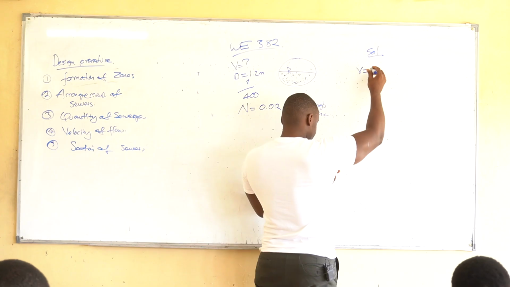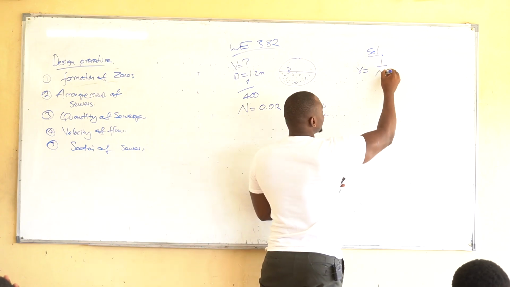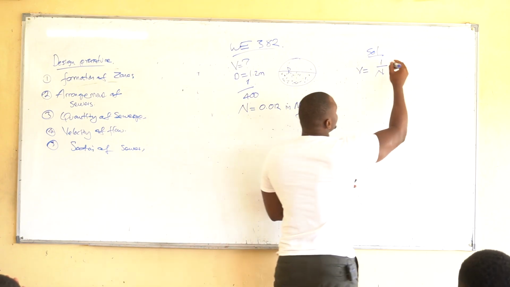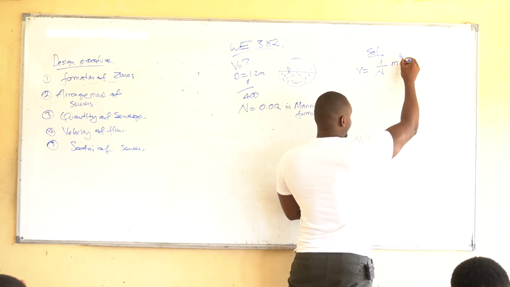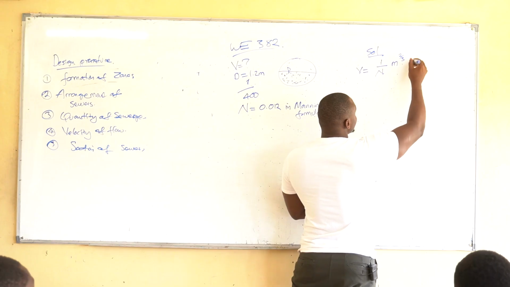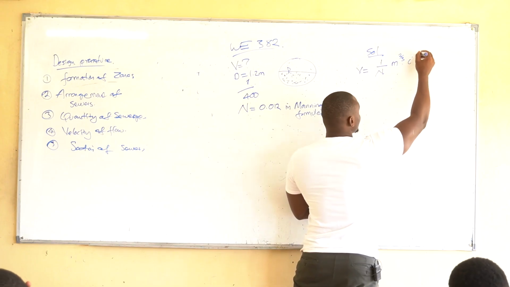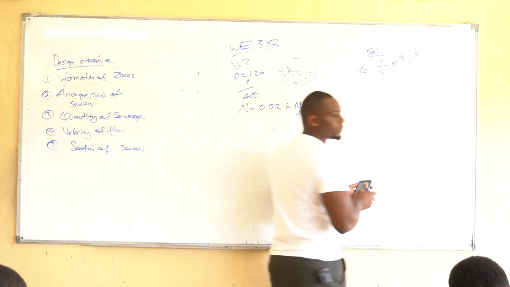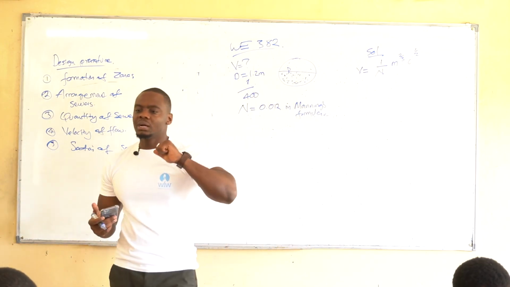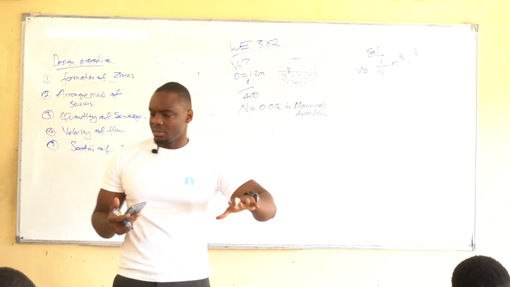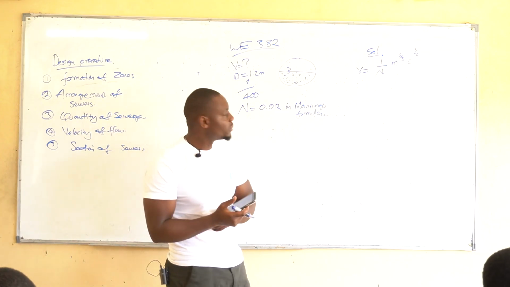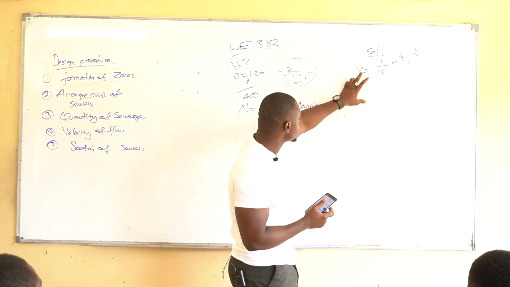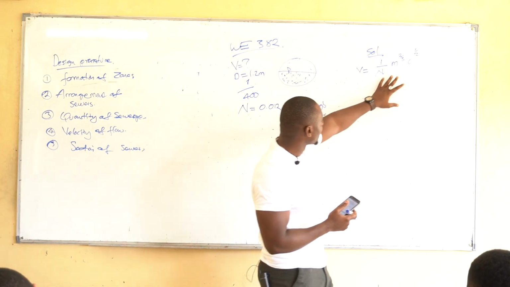Velocity is equal to 1 over n, times M to the power 2 over 3, times I raised to the power 1 over 2. So find time to look at all the formulas that we talked about. What will be common in those formulas is that the V, which is the velocity, will be the same.